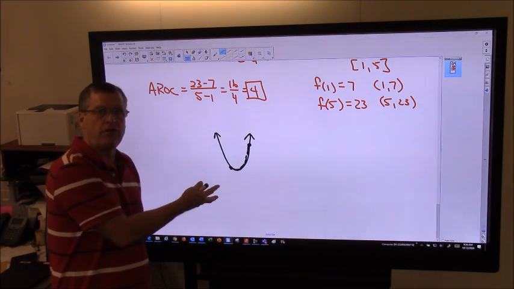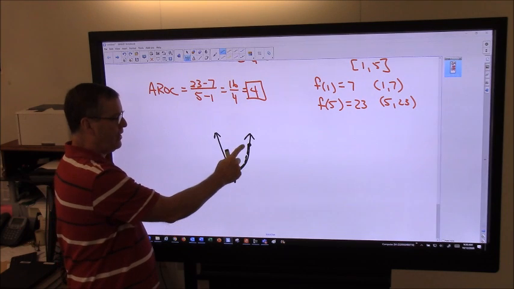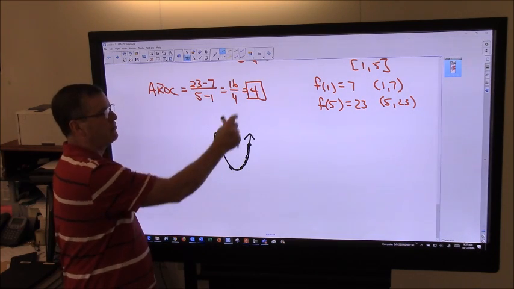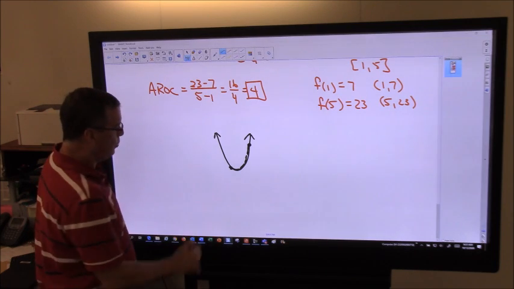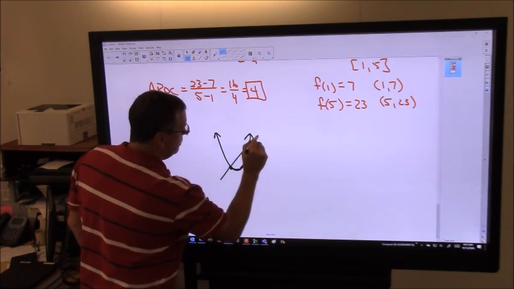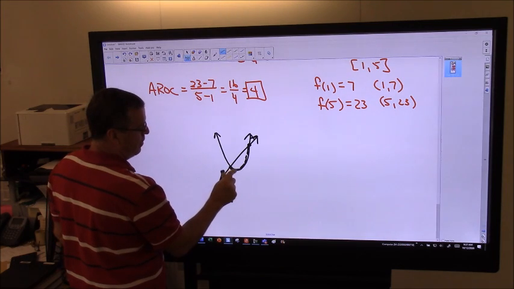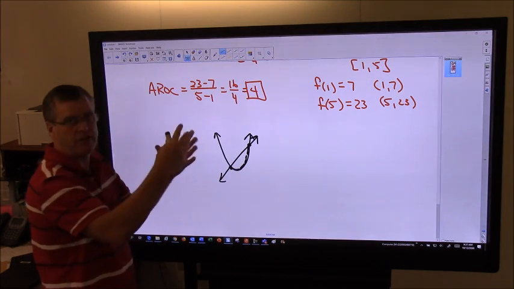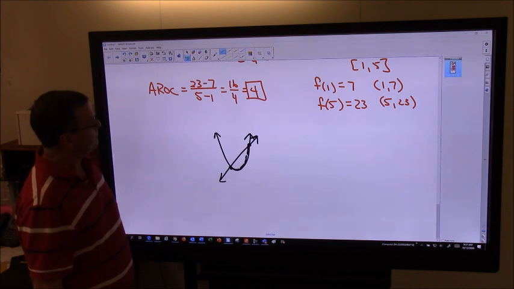Really I would want to draw more than that to get an accurate answer. I'd probably want to draw 100 of them. But if I did that and I averaged all those slopes, this is the average that I would get, okay? Whatever the slope is between these 2 points, that slope is the average of all these little segments added up and divided by however many we have. Okay, that's what we're finding.